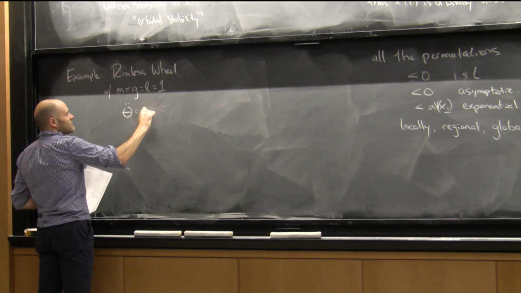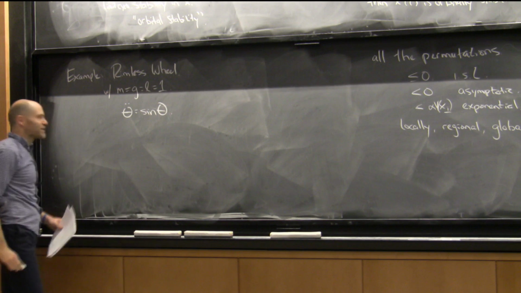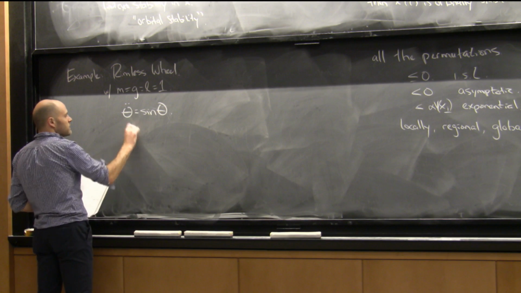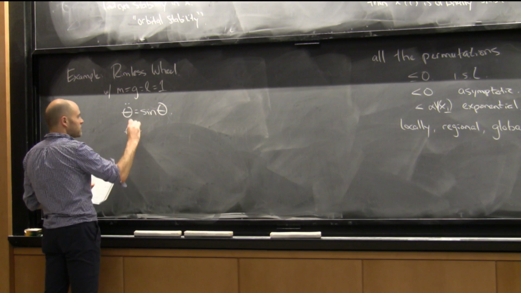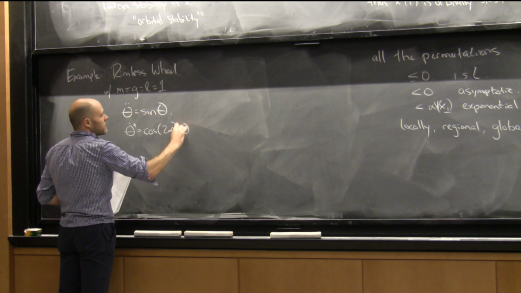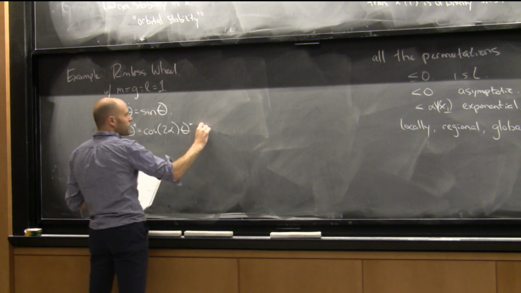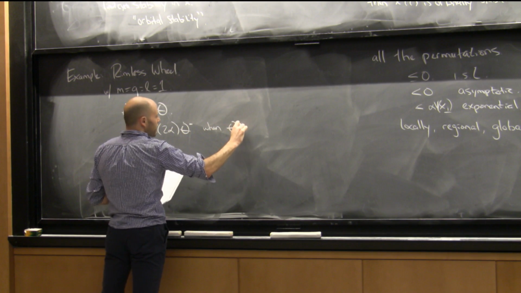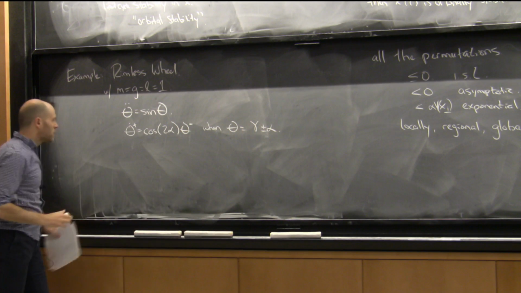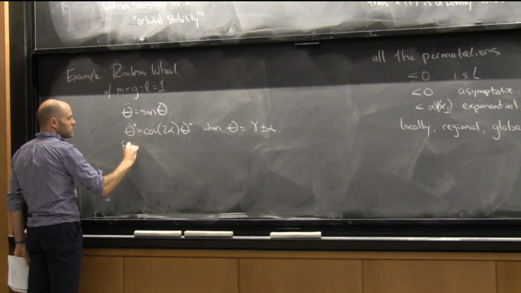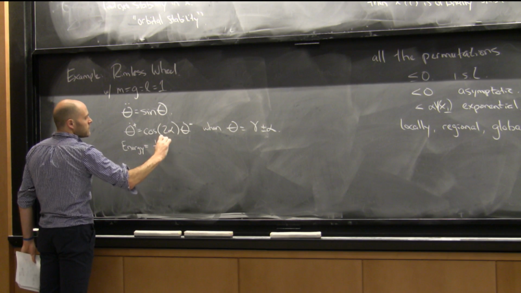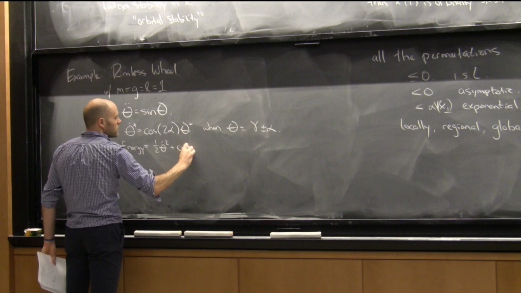It's worth it, because then I can just say that my dynamics are just that. My update is just theta dot plus equals cosine 2 alpha times theta dot minus. And that happens when theta equals gamma plus or minus alpha, right? And the energy, just so you remember, in this case, is just 1/2 theta dot squared plus cosine theta.